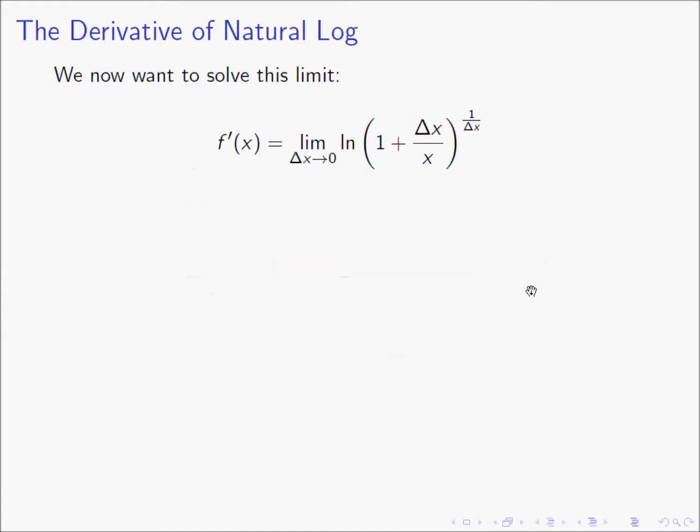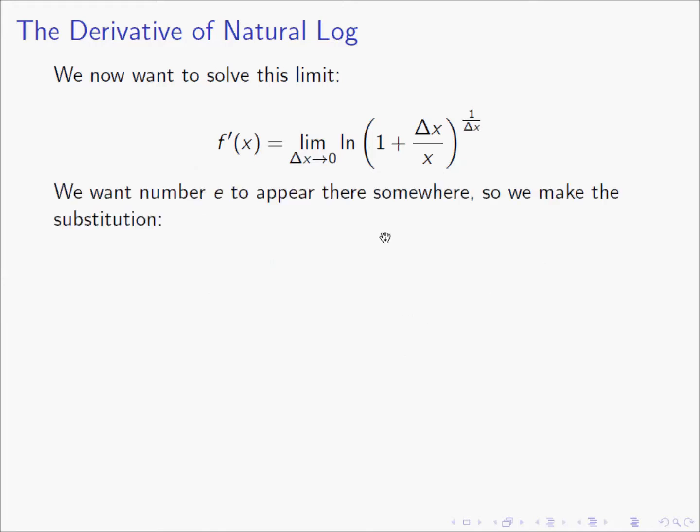So now our problem is to solve this limit, and there is a very useful technique that consists of trying to make the number e appear in our expression and replace its definition by the number e. So that's what we're going to try, and to accomplish that we're going to make this substitution.